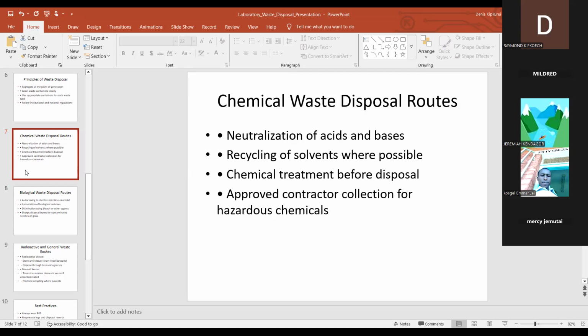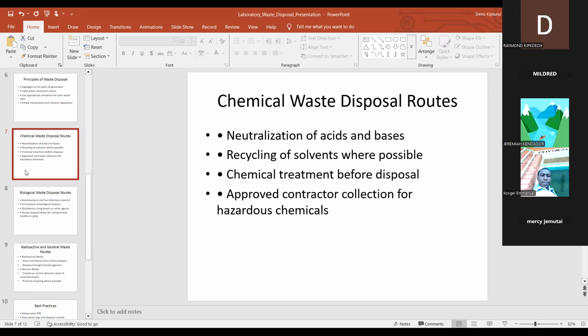Normally, which color do we use for disposing the sharps in the laboratory? Anyone? Which color of the bin? You can unmute and tell us. Shadrach, which color of the bin?